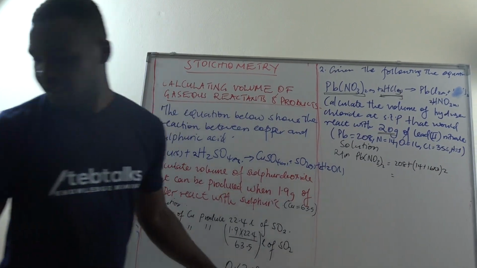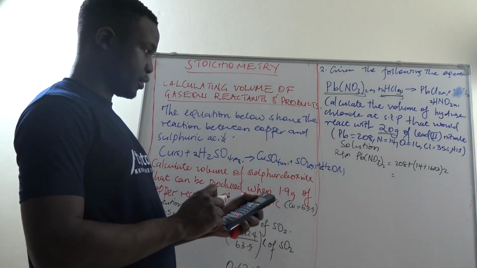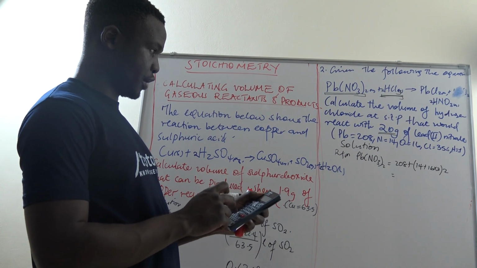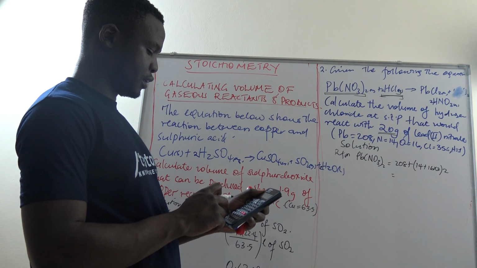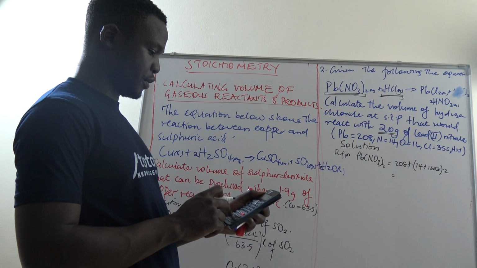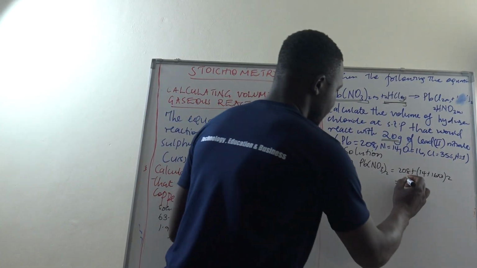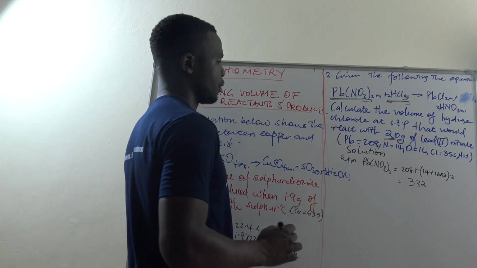Let's get a calculator here. 208 plus bracket 14 plus 16 times 3 close bracket times 2 gives me 332 grams.